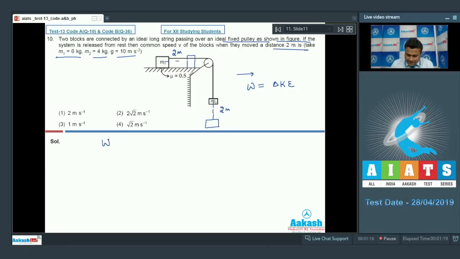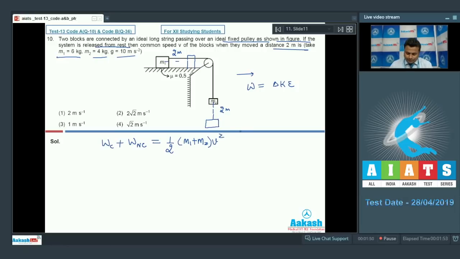So work done by conservative plus work done by non-conservative, there is no external force so no need to write that term, equals change in kinetic energy. Initially they were released from rest, as already mentioned in the question, so initial kinetic energy will be 0. We have only the final kinetic energy. Let the common velocity be v, so the final kinetic energy is half (m1 plus m2) v square.